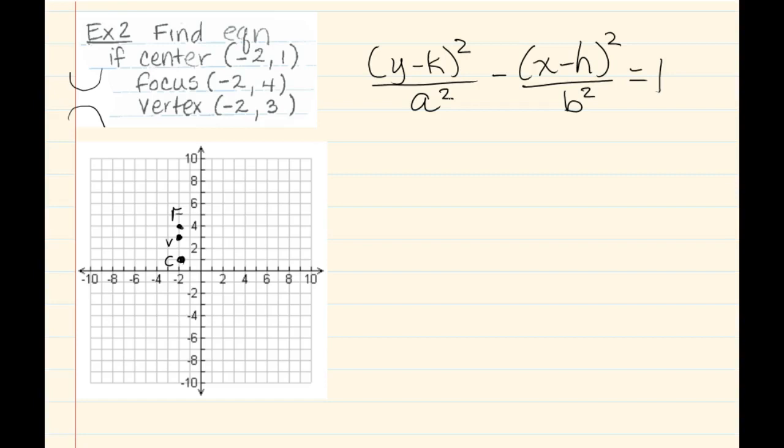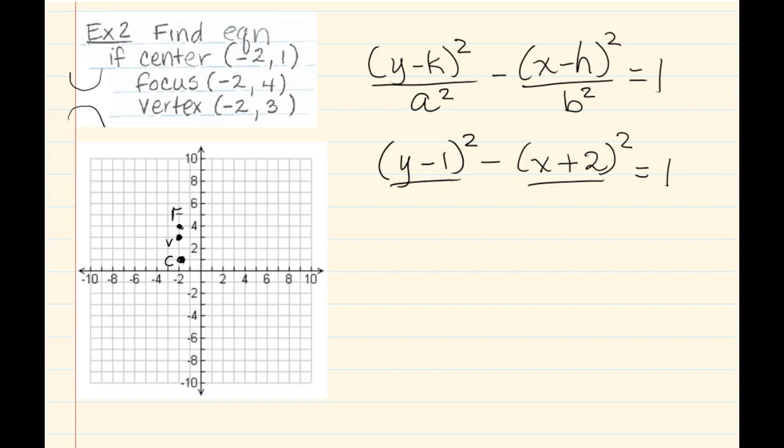We know our center, so we're going to have (y minus 1) squared over, minus (x plus 2) squared over, because remember that's x minus a -2, is equal to 1. We've got to go find a squared and b squared.